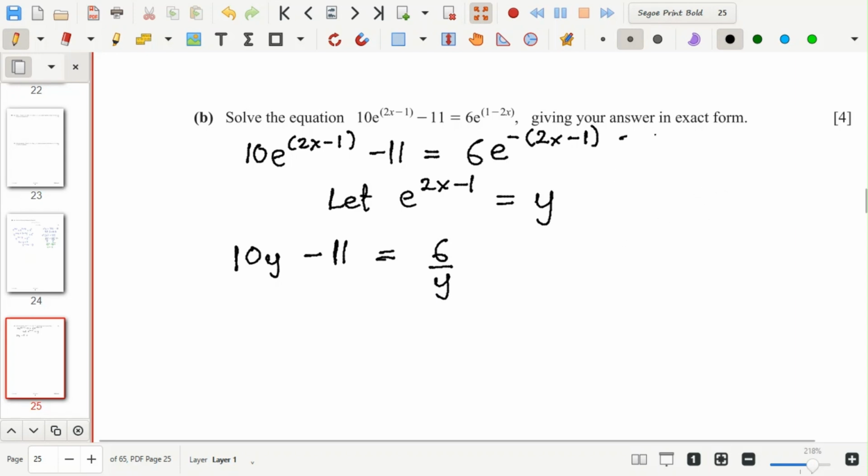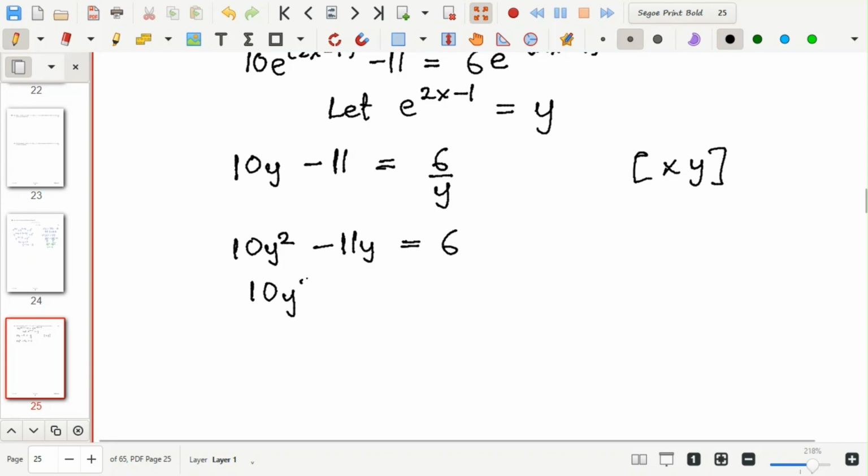You know that this one can be written in the index form as this, and this expression is the same as y. So I decide to multiply throughout by y, and that should give me 10y squared minus 11y is equal to 6.